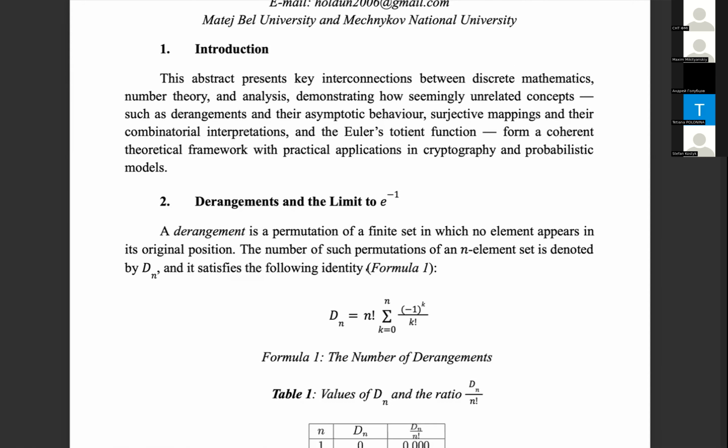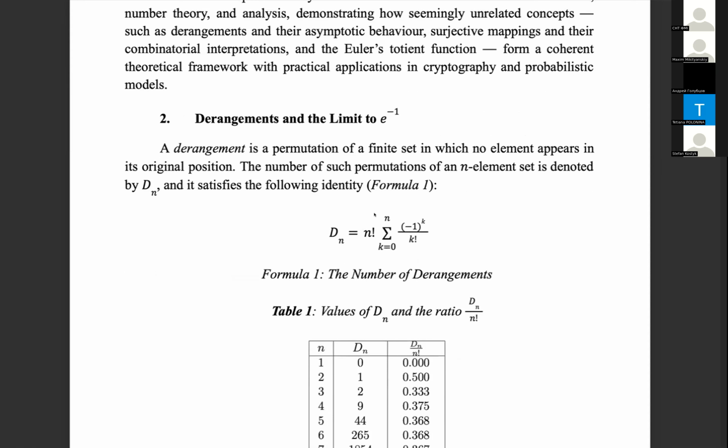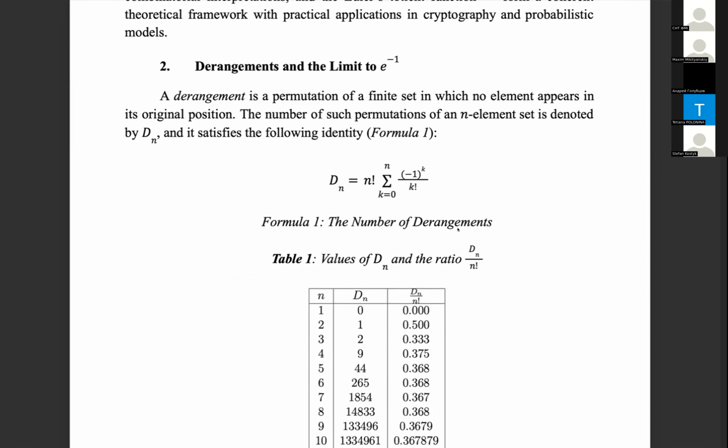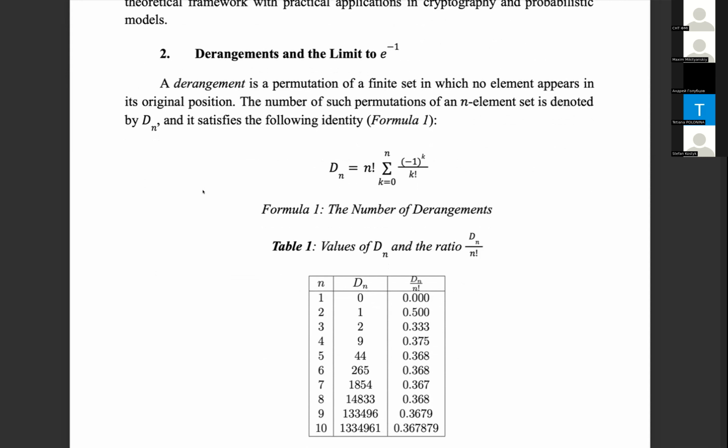So let's start with derangements. A derangement is a permutation of a set where no element appears in its original position. For example, if we have three elements, 1, 2, 3, then the derangements are the permutations where no element appears in its own position.